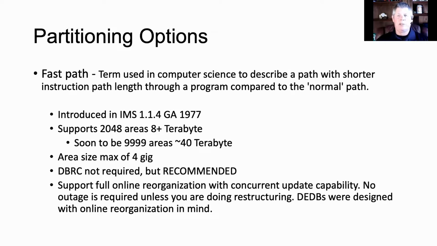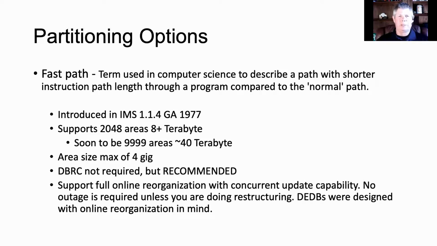And maybe you don't know, but maybe you do, most banking institutions went to FastPath, and that's how you get your real quick ATMs, your real quick transactions to get things done. So FastPath supports 2,048 areas, which is about 8+ terabytes. I think the PTF has already come out, but it may not have.